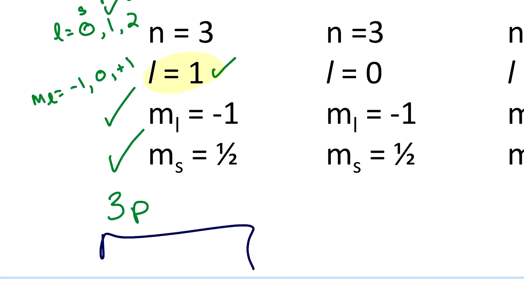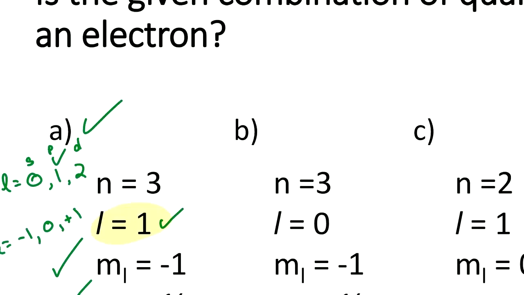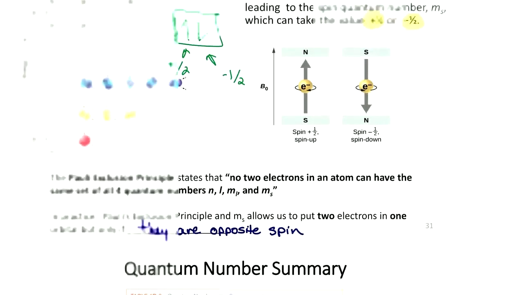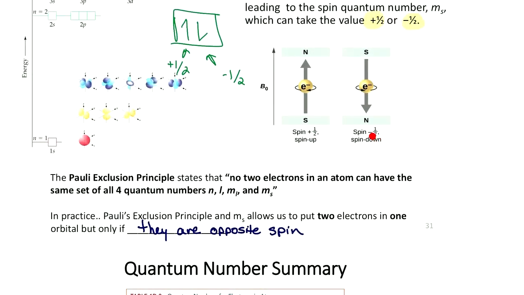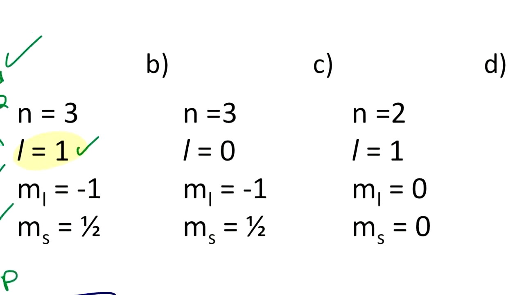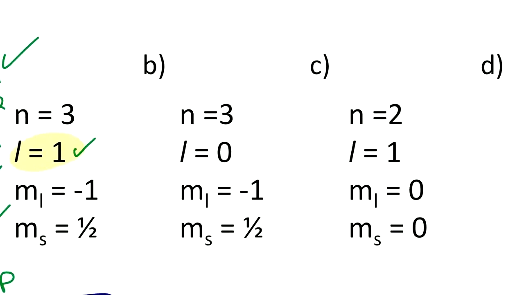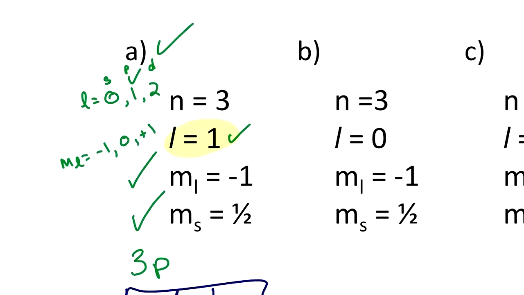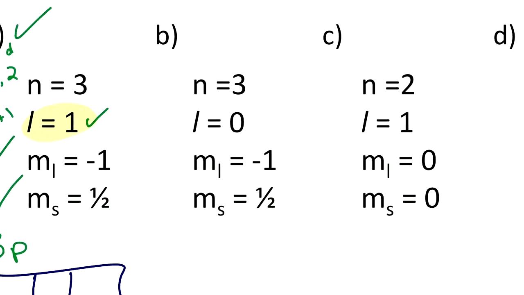So if we drew out the boxes, it's an electron in one of those 3 boxes. Yeah? Because it's 1/2. The only allowed spins that we can have are +1/2 and -1/2. That's it. Okay, so next one. A is okay. It's in a 3p orbital.